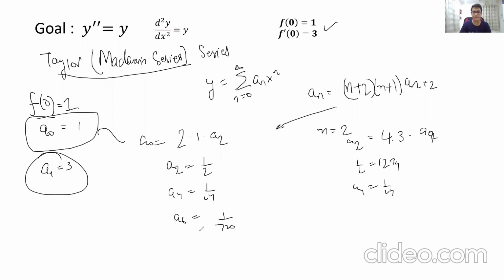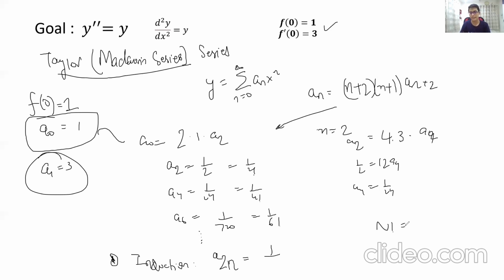Now I really hope that you guys are able to see a pattern. If not, that's all right, because this pattern can really also be proved by induction. You can just recursively apply induction here to get that the 2nth term. Now notice for this, it is going to be 1 over 2 factorial, 4 factorial, and 1 over 6 factorial.